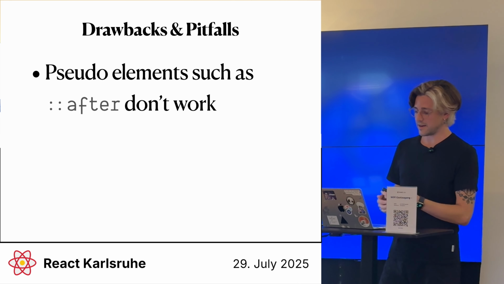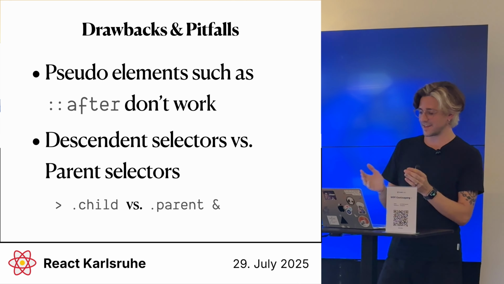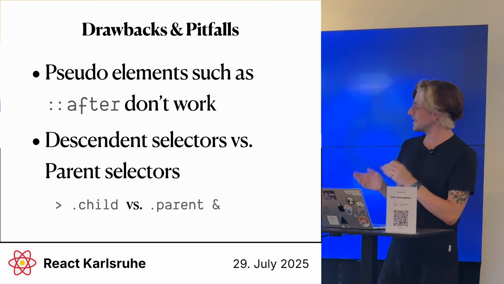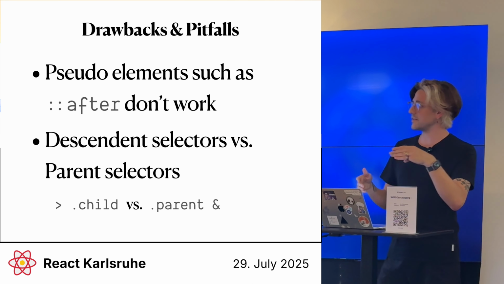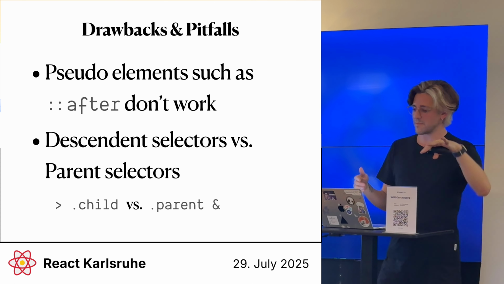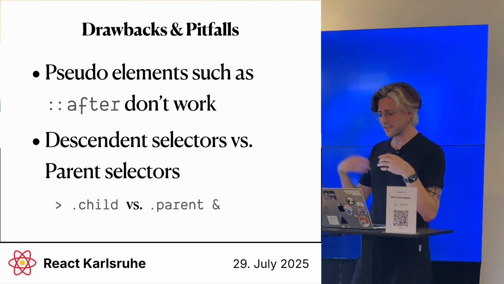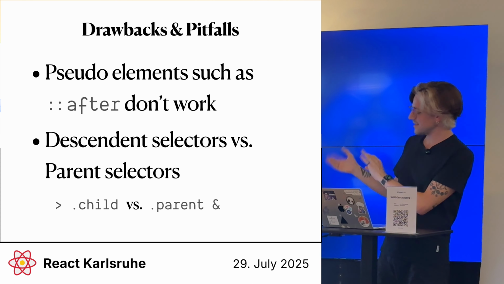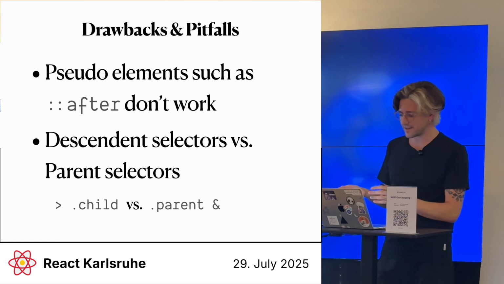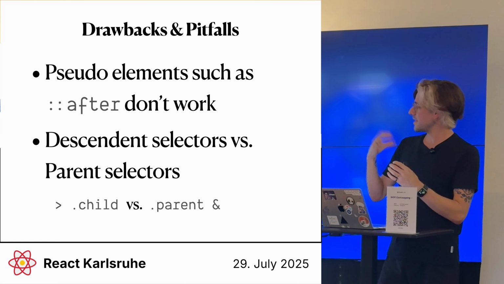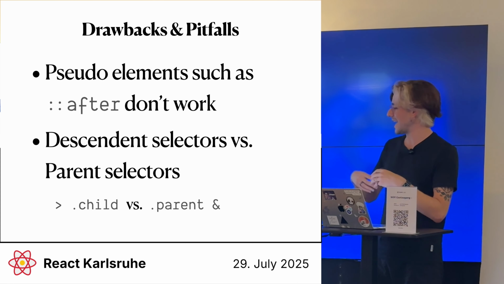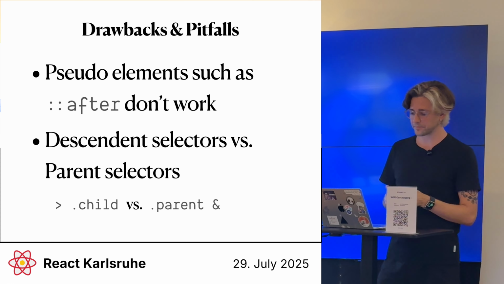And the second one is you don't have the sibling selectors, because inline styles always only affect the element they are rendered to. So you can't target other elements around it. But on the other hand, you get this parent selector, at least I call it parent selector, which CSS doesn't have by default. So it's actually more about rethinking the boundaries than a lack of capability, in my opinion.